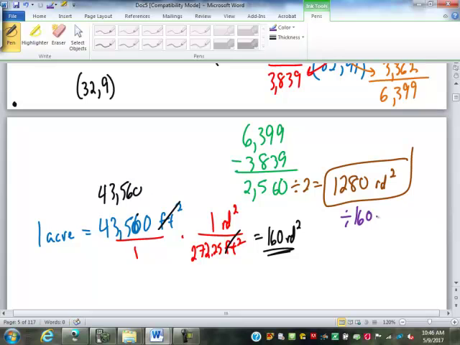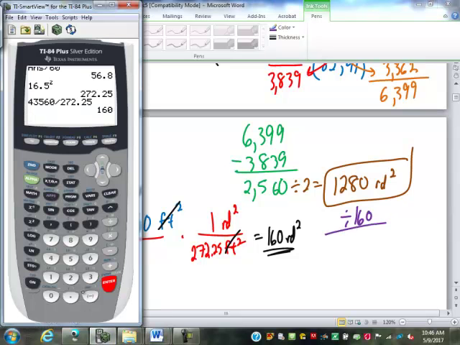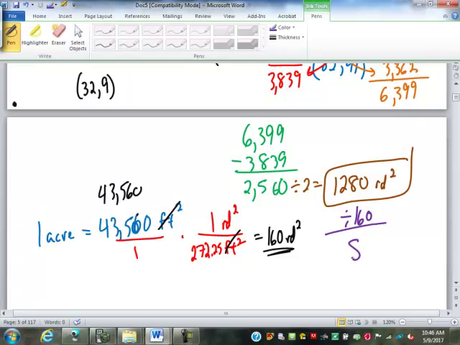I divide by 160 to get 8 acres. That's pretty convenient. I could not have made that come out to an exact acreage if I tried. There's 160 square rods in an acre.